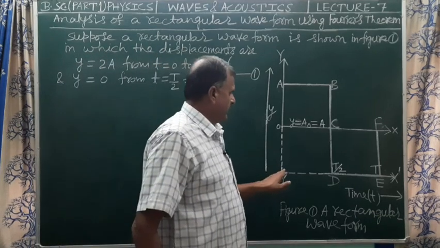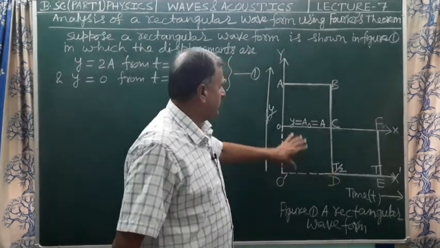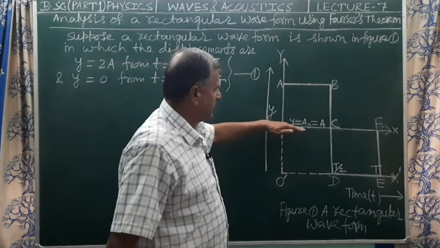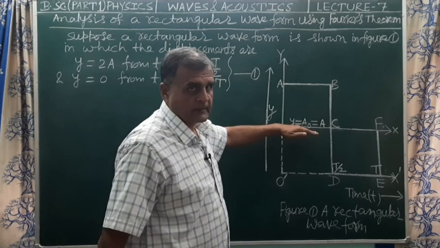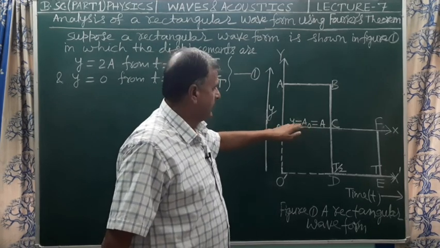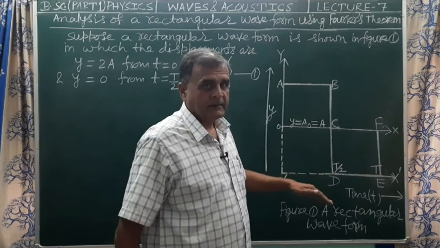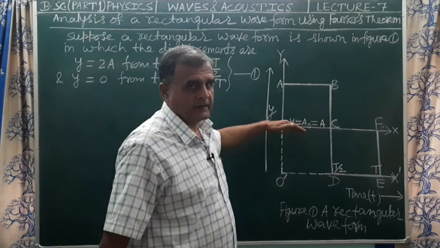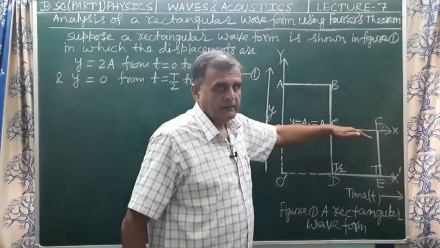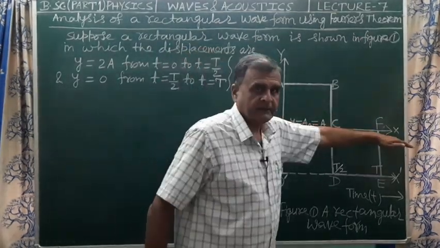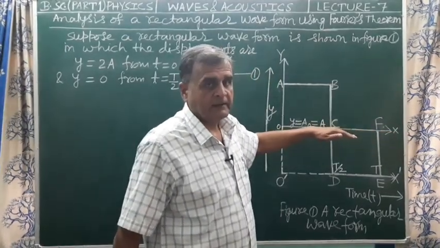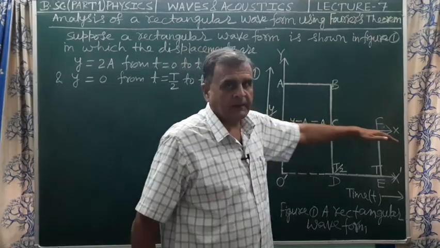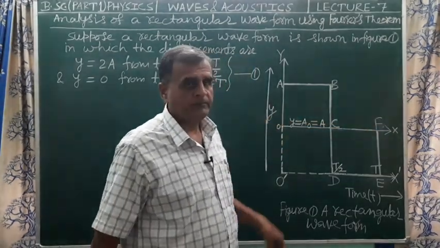At time 0 to capital T by 2, the displacement of the waveform is 2A. Here y is equal to A0, the constant A0 in the Fourier series, and it is equal to capital A, which represents the axis of the rectangular waveform, that is OX represents the axis of the given waveform.